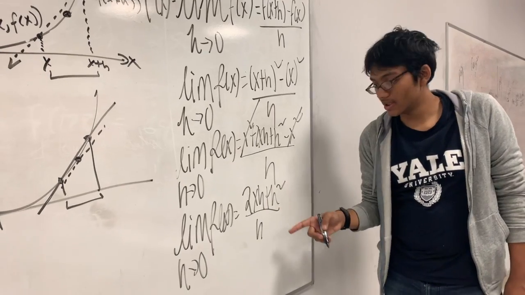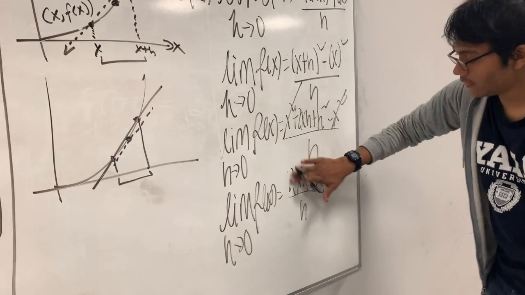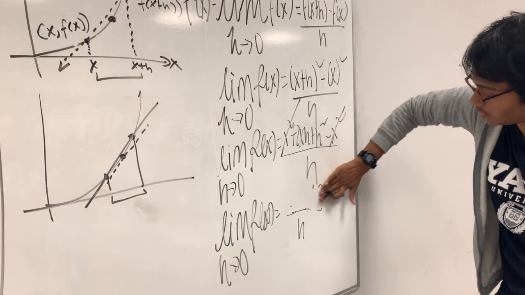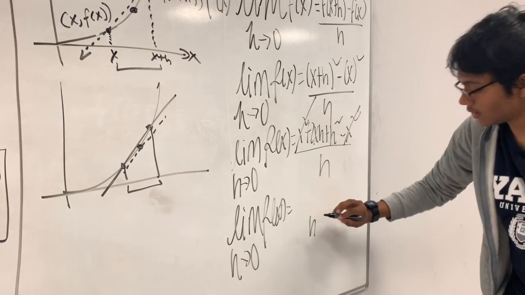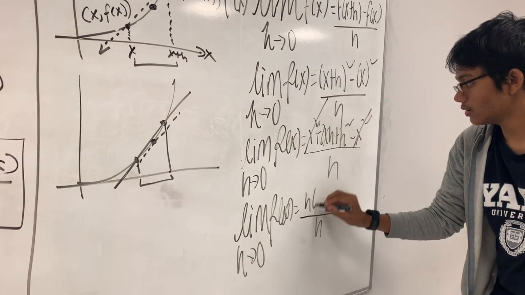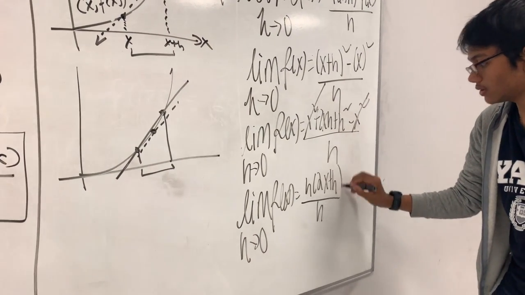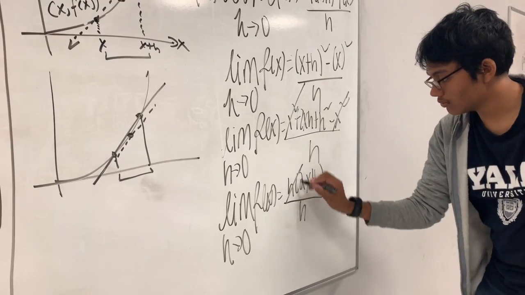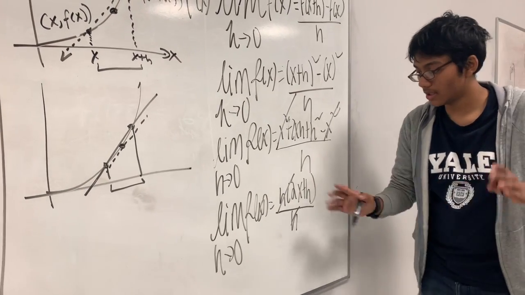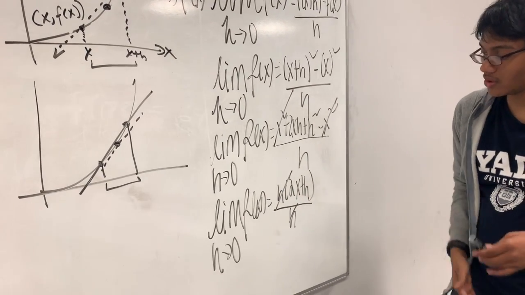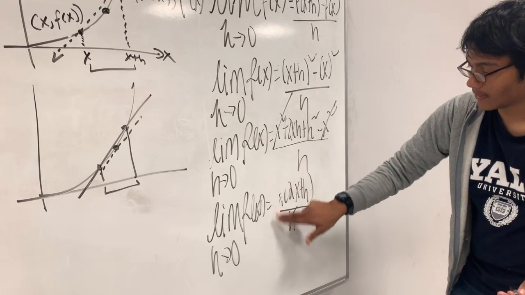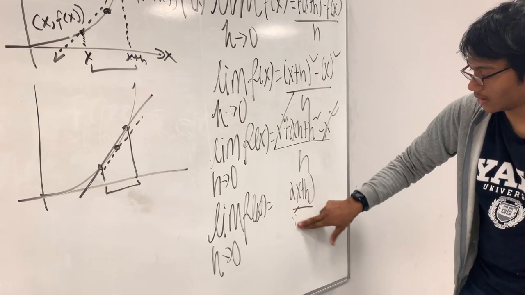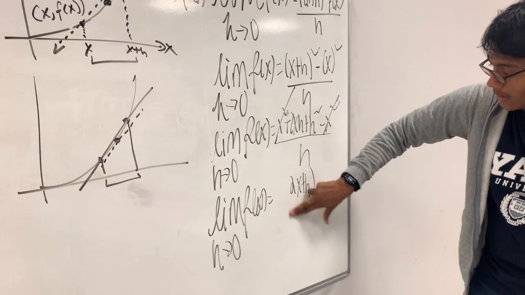Now you can factor out the h on the top, and what will you get? If I factor out the h on the numerator, I will get the following: h times 2x plus h. Now, as you can see, boom boom, numerator and denominator cancel out. I don't have any more space left, so I'm going to simplify on this line. So as you can see, I'm just left with 2x plus h, right?